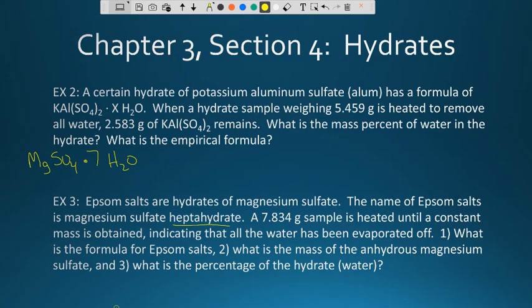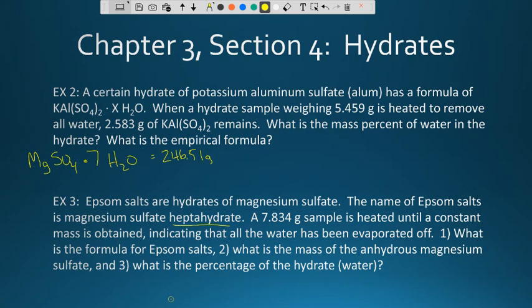So looking at all of this, if I add up the entire compound, I see with magnesium and sulfate and my 7 waters in there, that ends up being 246.51 grams.